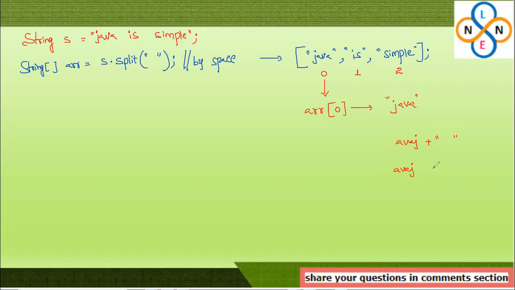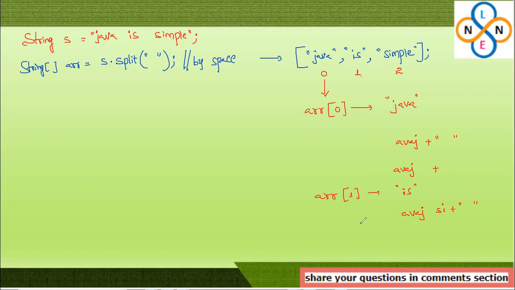Then to this, by accessing the next word, that is index position 1, arr of 1, this will give the result of "is" as a string word. Again, we can apply the reverse logic and add it to the previous result. It means AVAJ space already there, then "is" becomes SI. Then to this also, again we have to add a space.